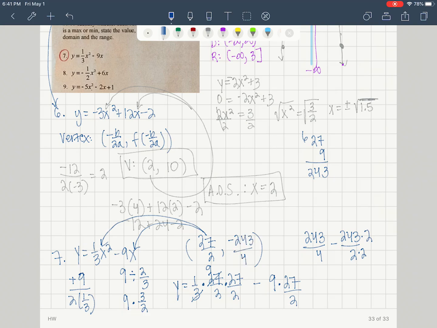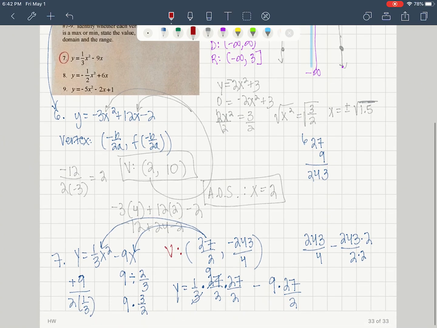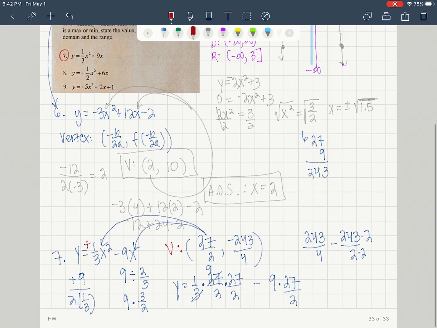So this is not a lovely problem whatsoever. You can use your calculator though, and you might get decimals, and that's fine with me. As long as you understand the concept, this is the vertex, and they want us to find the vertex. Because a is positive, it opens up, meaning I have a minimum. So my minimum value is equal to negative 243 over 4.